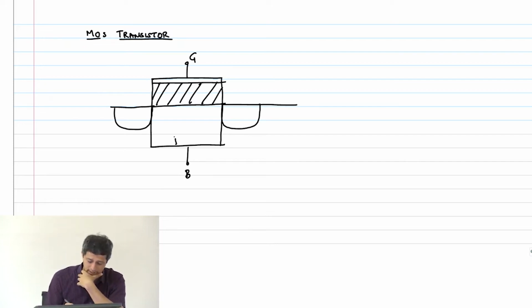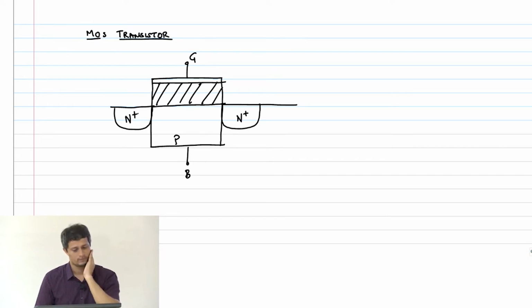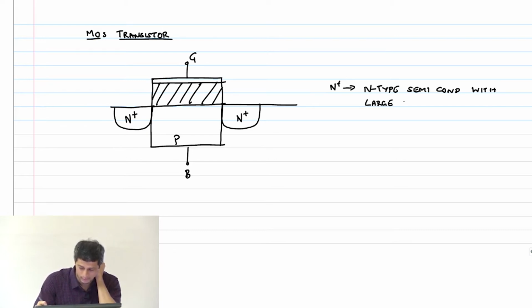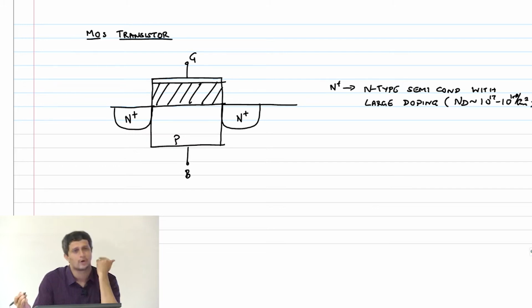If this is a P substrate, then I will add an N plus diffusion here. What is N plus? N plus is N type semiconductor with large doping, which means Nd is nearly 10 power 17 to 10 power 18 per centimeter cube, typical number.